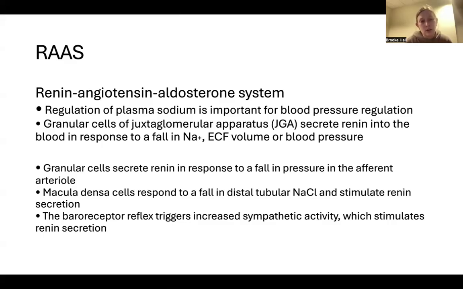The granular cells secrete renin in response to a fall in pressure in the afferent arteriole. The macula densa cells respond to a fall in distal tubular sodium chloride and stimulate renin secretion. And the baroreceptor reflex triggers increased sympathetic activity, which stimulates renin secretion.